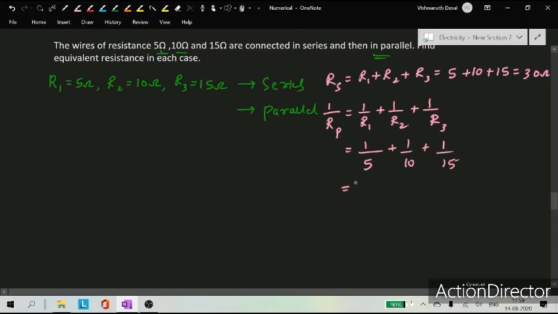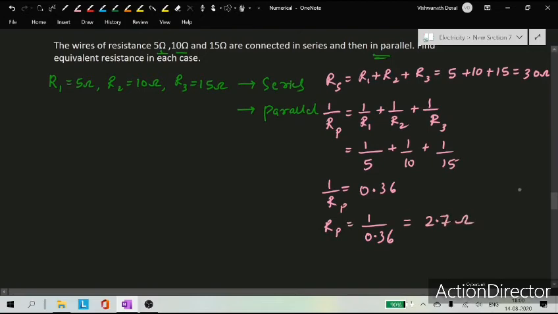You can take the LCM, no problem, or you can just calculate 1 by 5 in a calculator, that is also okay. Finally, 1 by Rp is equal to 0.36. Don't stop here. You need to calculate Rp, so this is 1 divided by 0.36, which is equal to 2.7 ohm.